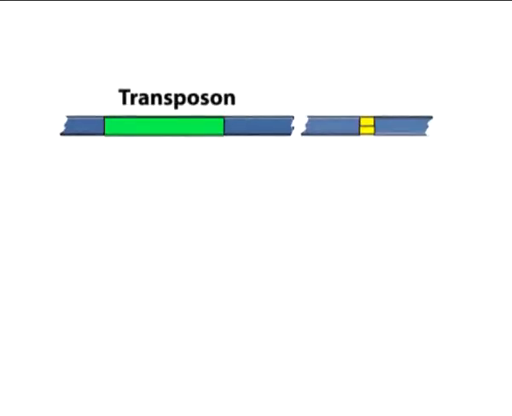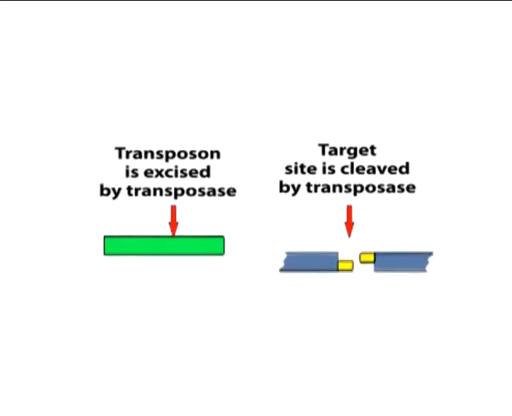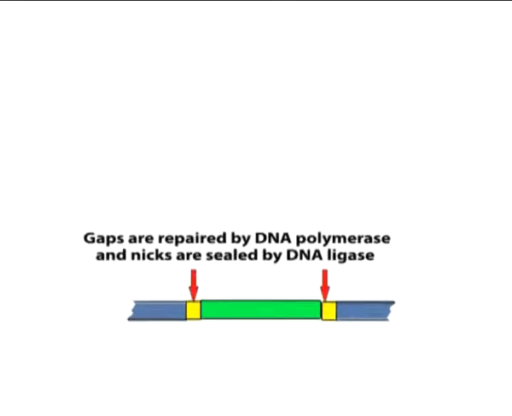The transposase makes a staggered cut at the target site, producing sticky ends, cuts out the transposon and ligates it into the target site. A DNA polymerase fills in the resulting gaps from the sticky ends and DNA ligase closes the sugar phosphate backbone.